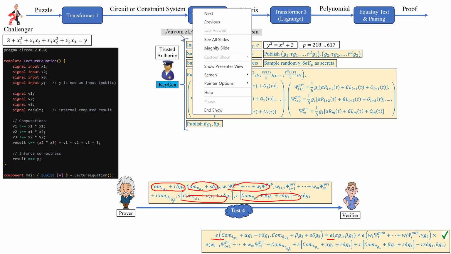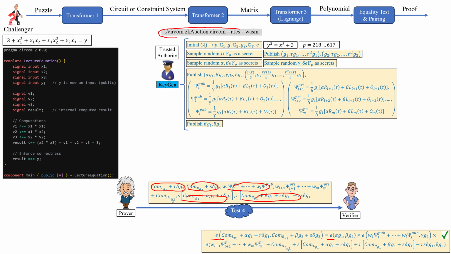If we run this command, we will convert the Circom code into an R1CS file, which usually is a file that translates the constraint system into matrices or polynomials and something like that, right?